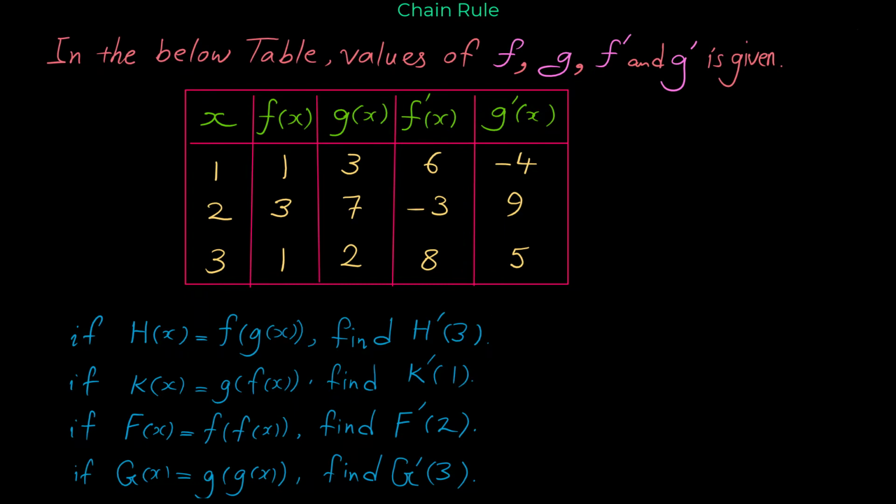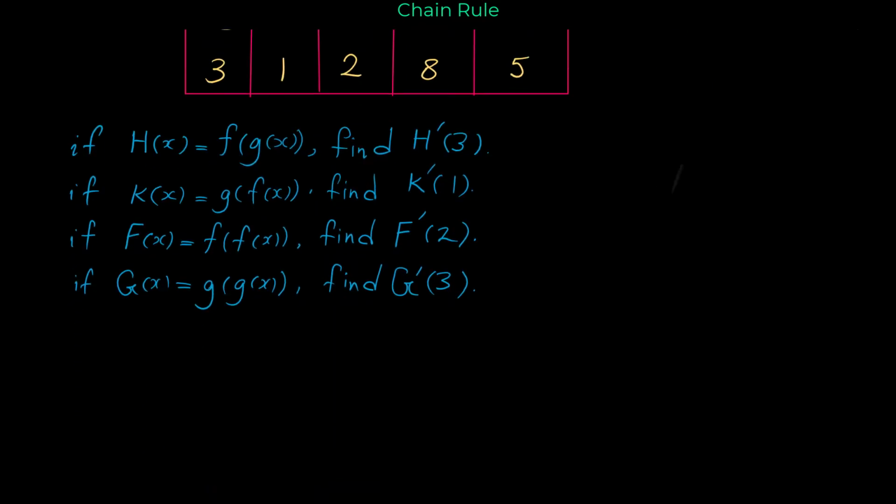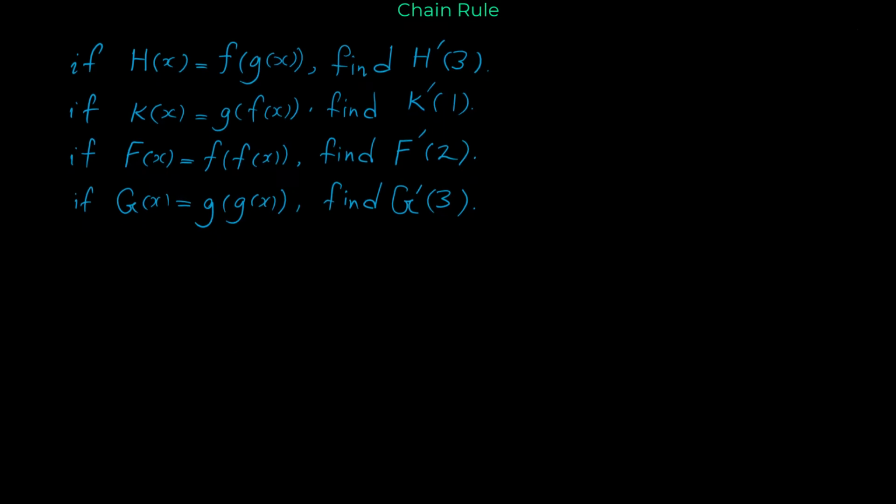If h of x is f of g of x, find h prime, derivative of h, when x is 3. So let us start with this one. h of x is f of g of x.